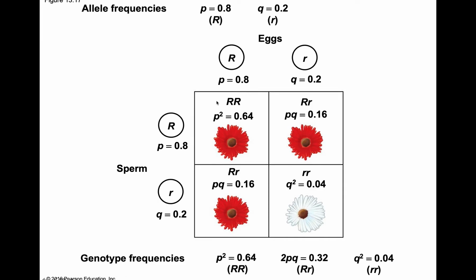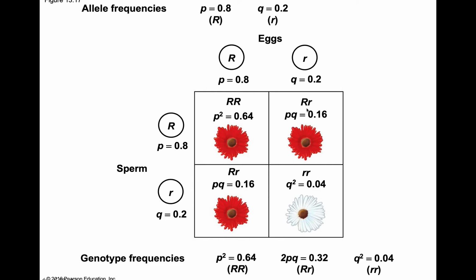So when we do our Punnett square, as usual, a capital R is going to give me two capital R's. Now what I do with my math is my P squared, which is P times P. So 0.8 times 0.8 will give me 0.64. That's how this first box comes about.